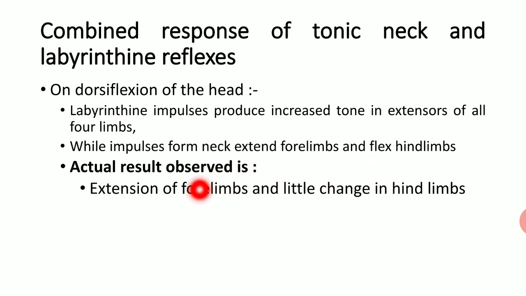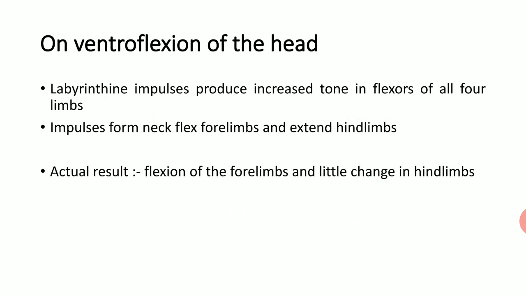So the actual result observed is extension of the forelimbs and little change in the hind limbs. On ventroflexion of the head, labyrinthine impulses produce increased tone in flexors of all the limbs, and impulses from the neck flex the forelimbs and extend the hind limbs. So the actual result is flexion of the forelimbs and little change in the hind limbs.